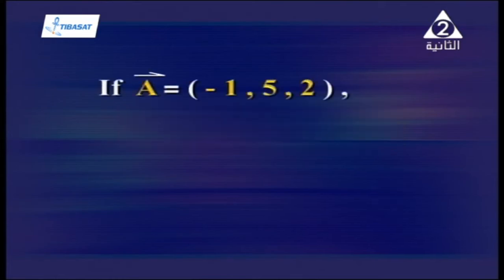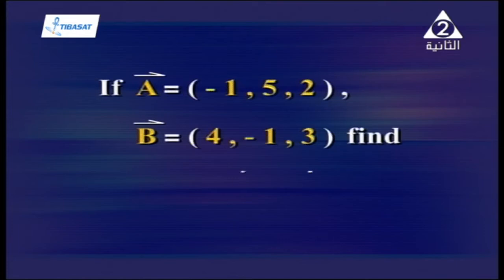My dear student, if we have vector A (negative 1, 5, 2) and vector B (4, negative 1, 3), find 2A vector minus 3B vector. It is easy.